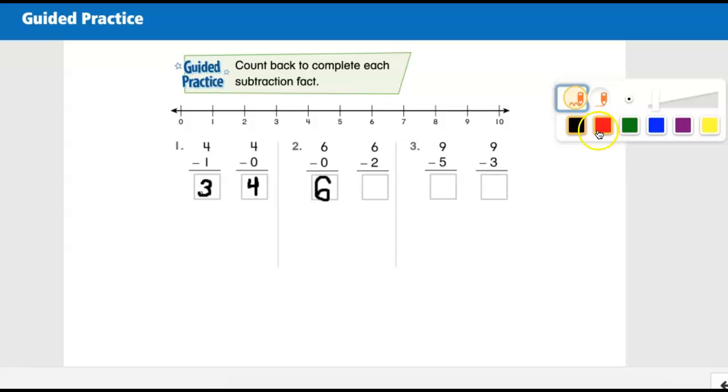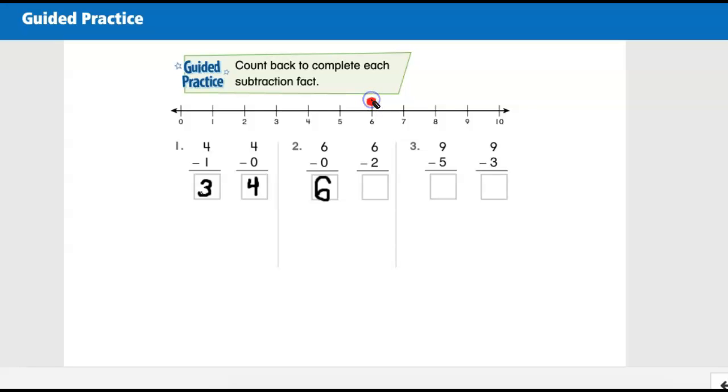Now, if I were to have the number 6 again, so I'll be here on my number line, and I am jumping back 2, 6 minus 2. I would start at 6, and I'm jumping back 2, so I'm going to jump 1, 2.